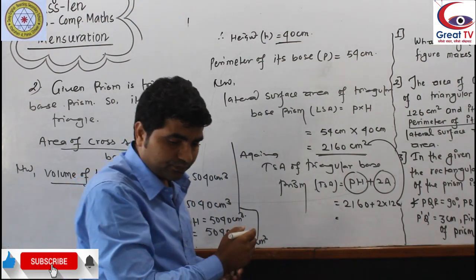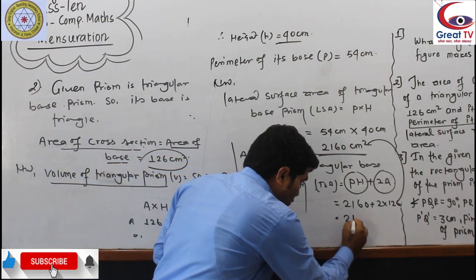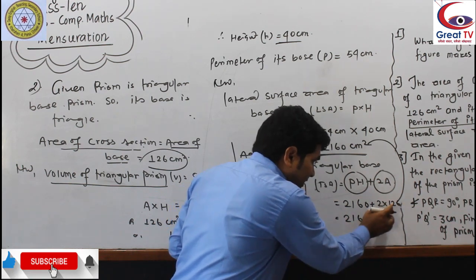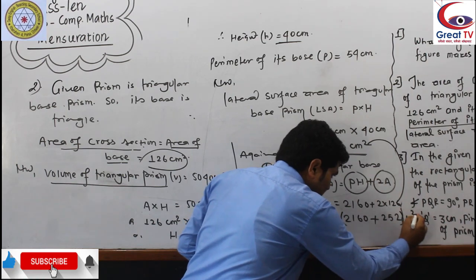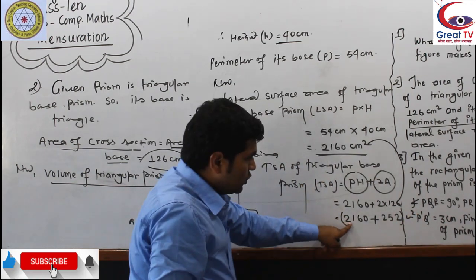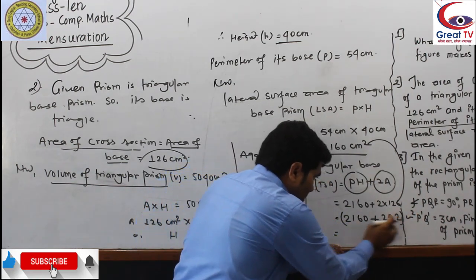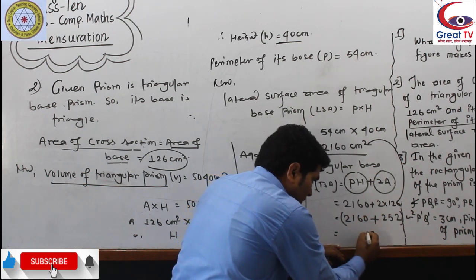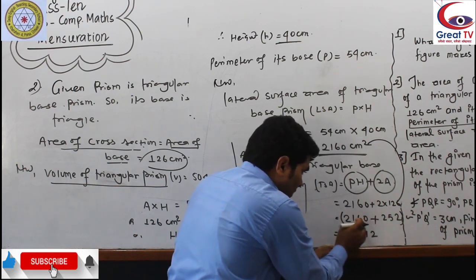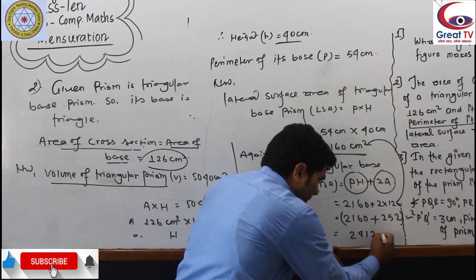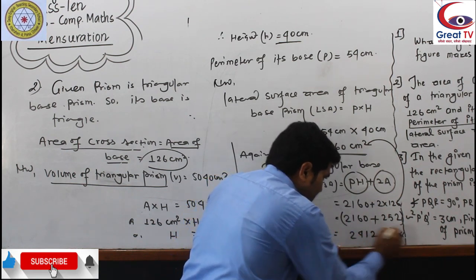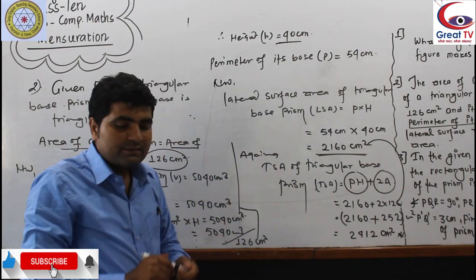Now 2160 plus 252 gives 2412 cm square, which is the total surface area of this prism.